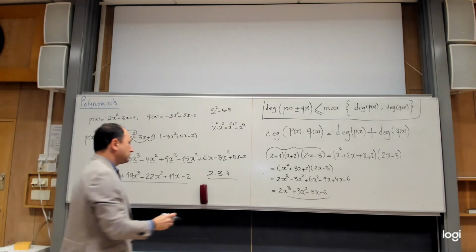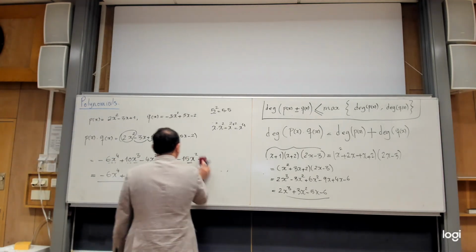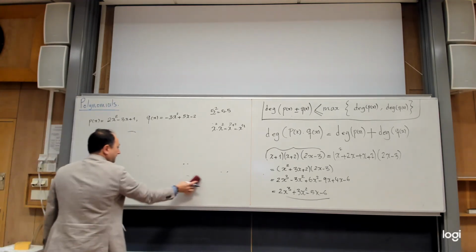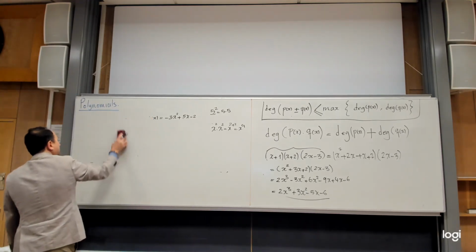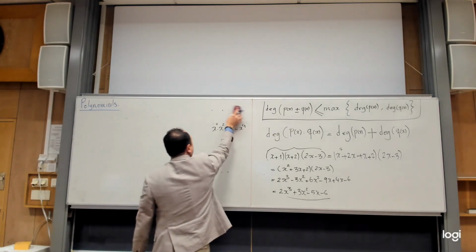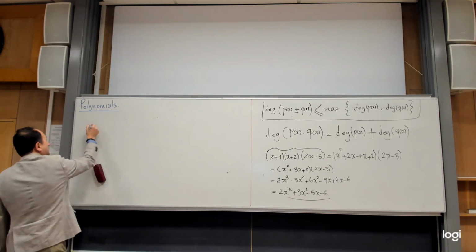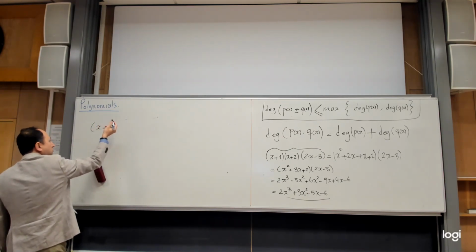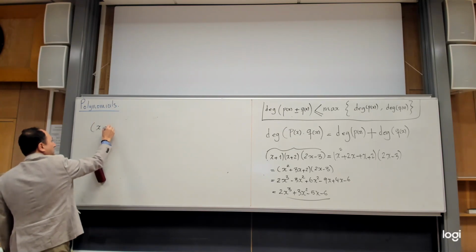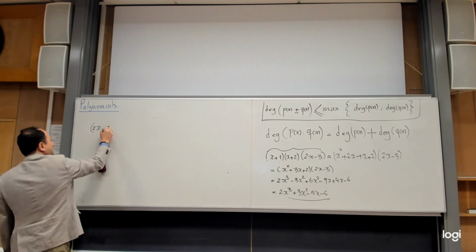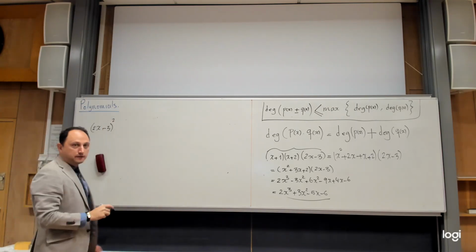So if I ask you, for example, what is the answer to this? Of course, you have already learned the squaring rule, but forget about that rule for the time being. Let me make it negative 3, and then I put a power of 2 up there.